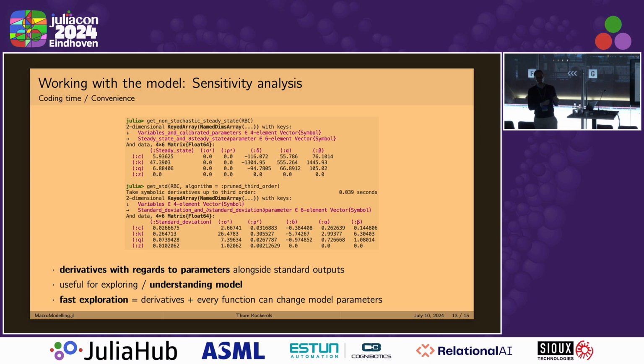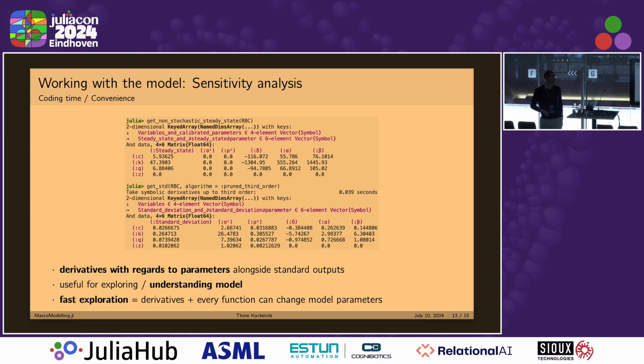So not only a first order perturbation solution, but I do a third order perturbation solution. This I can do by simply defining somewhere in the script that the algorithm should be third order. It will then go on, take the symbolic derivatives up to third order, and solve the model up to third order. But I don't have to take care of all of this.